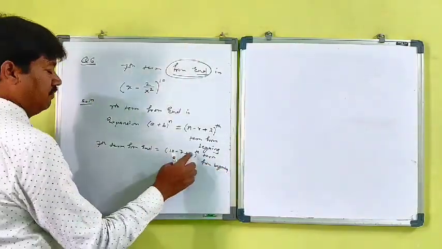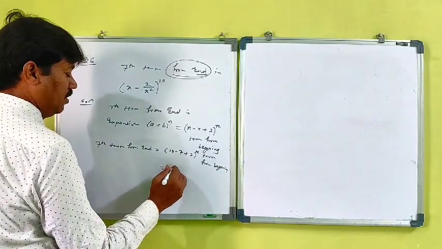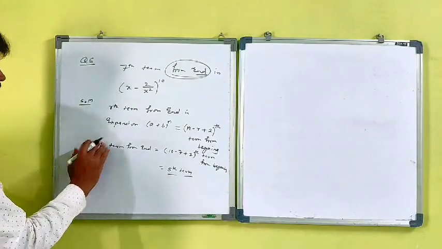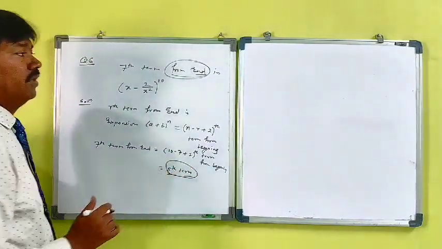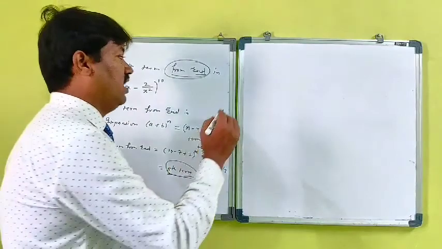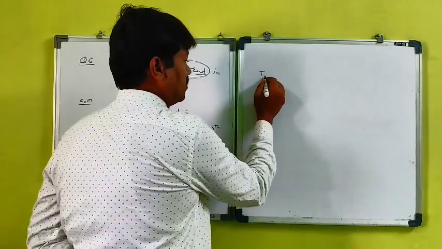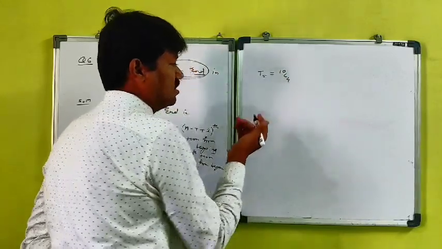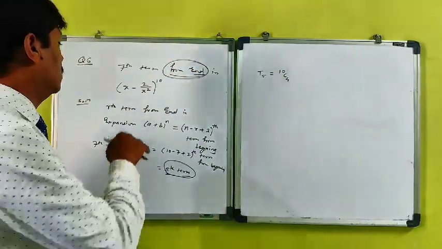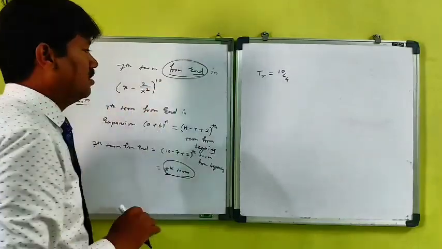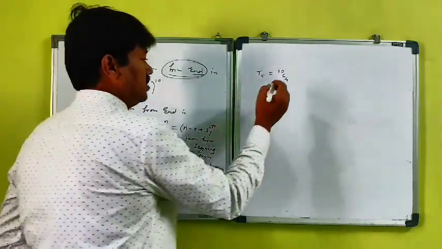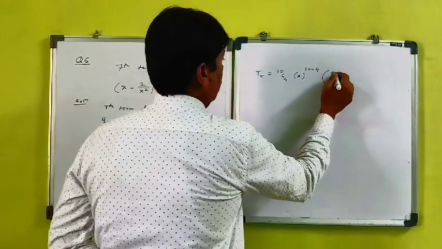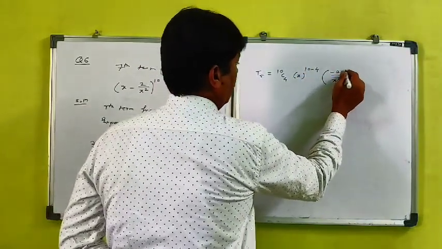You have to find the 5th term. So the 7th term from the end means the 5th term from the beginning. So what is T5 here? T5 is equal to what? 10C4, that is nCr, because T is there. So n is equal to 10, so it is 10C4, x raised to 10 minus 4, minus 2 upon x square raised to 4.